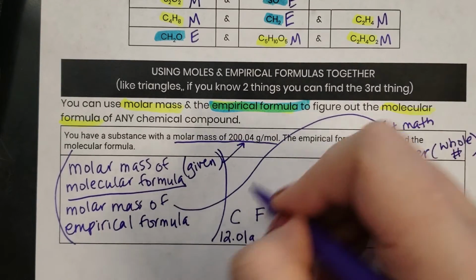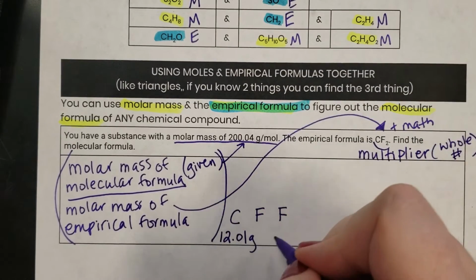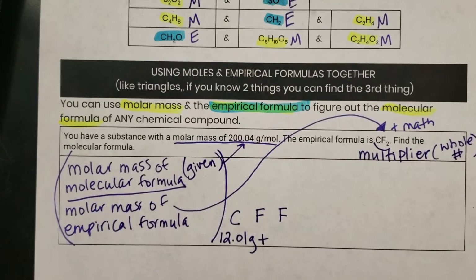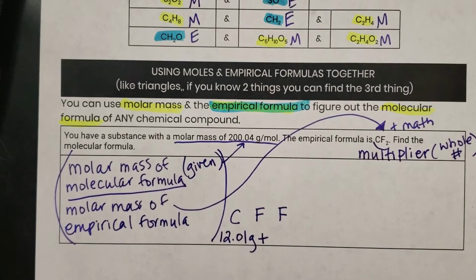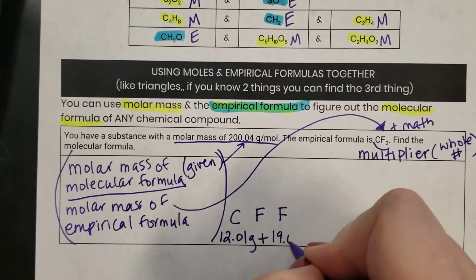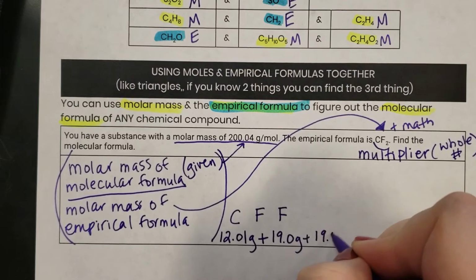And we have two F's because it's CF2. So if you look at the periodic table, fluorine is 18.998. And if you round that up, we're going to say it's 19.0 grams. And we need two of those.